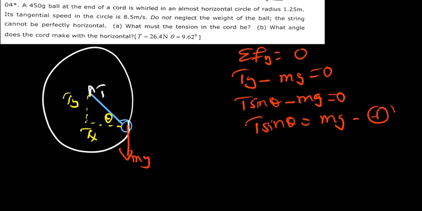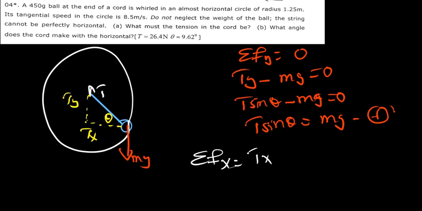Okay. Now, let's talk about the x direction. In the x direction, as long as there's a force moving toward the center, it is the centripetal force. The only force we have in the x direction is the tension force, which is Tx. But in this case, Tx is moving in the same direction as the centripetal force.